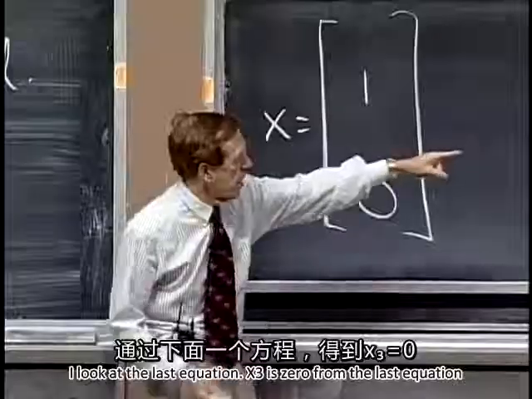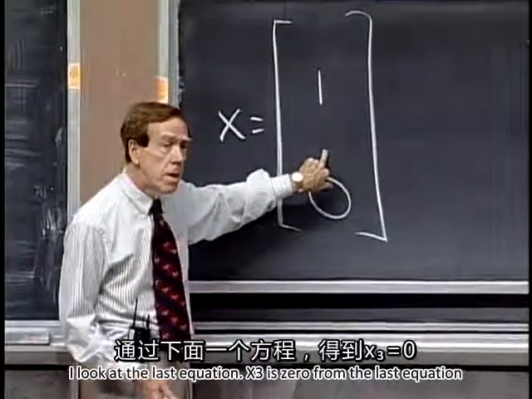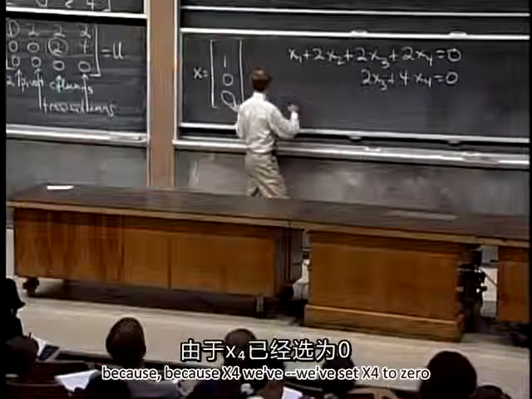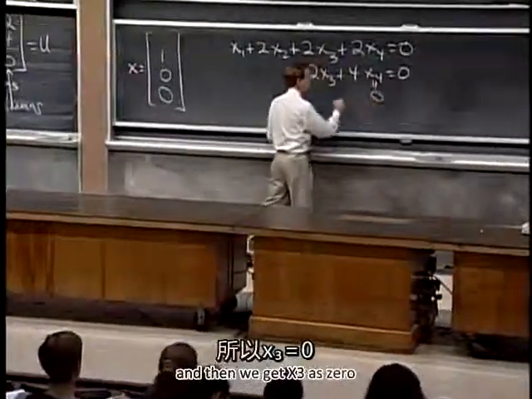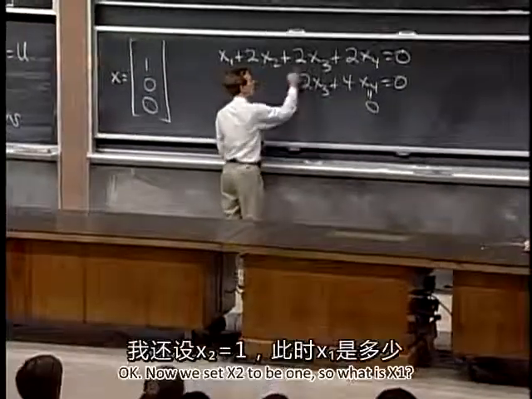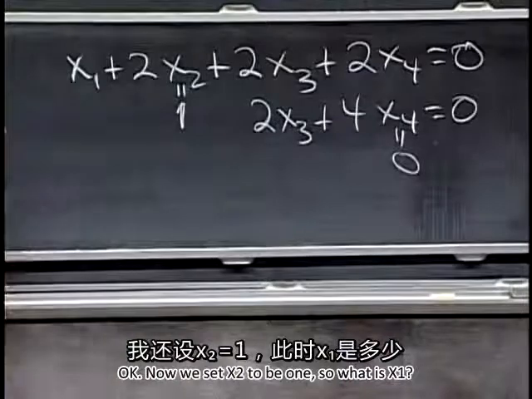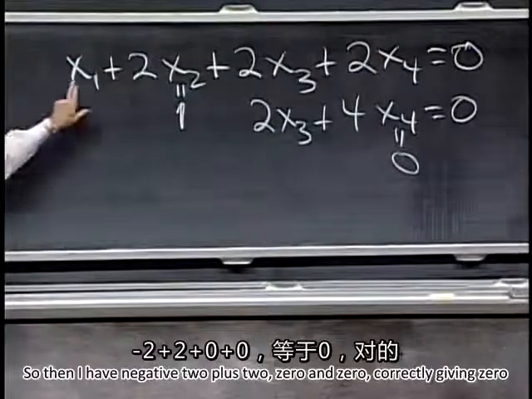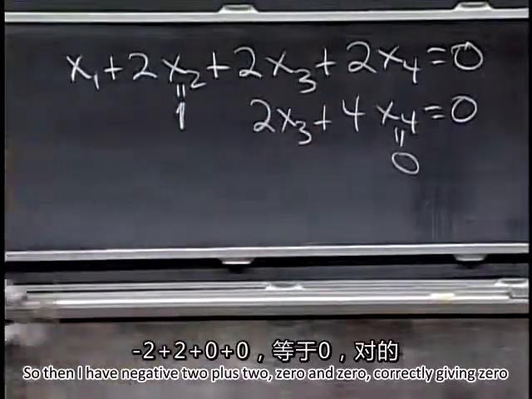I look at the last equation. x3 is 0 from the last equation, because we've set x4 to 0. Now we set x2 to be 1, so what is x1? Negative 2, right? So I have negative 2 plus 2, 0 and 0, correctly giving 0.